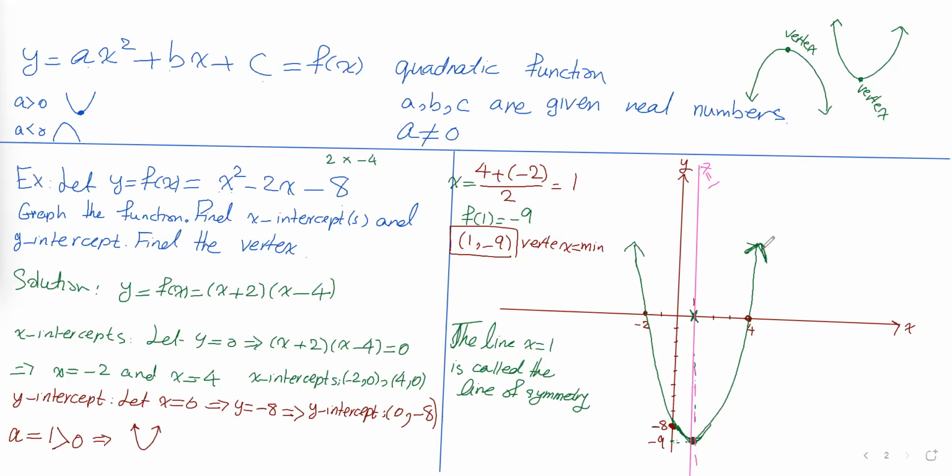Whatever you have to the right of this line, you exactly have it to the left of this line. It's symmetric with respect to this line. Okay? Is it clear, everyone? Any questions, any comments?